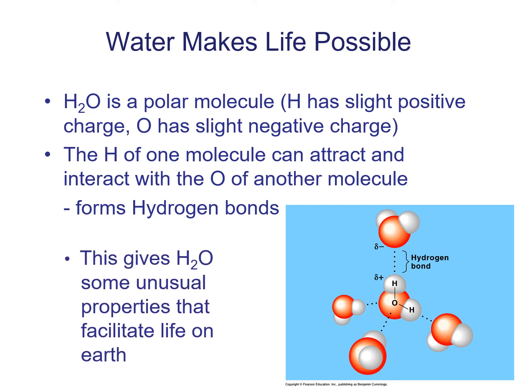So one water molecule can form 4 hydrogen bonds with adjacent water molecules. Now, in a warm solution of water, the water molecules are going to be constantly moving around, and those hydrogen bonds are going to form and reform constantly. But it does change the properties of water compared to other fluids.